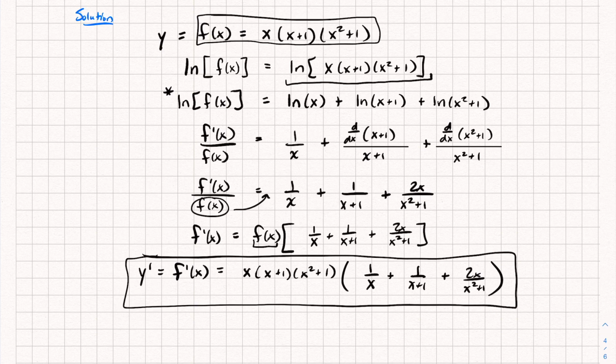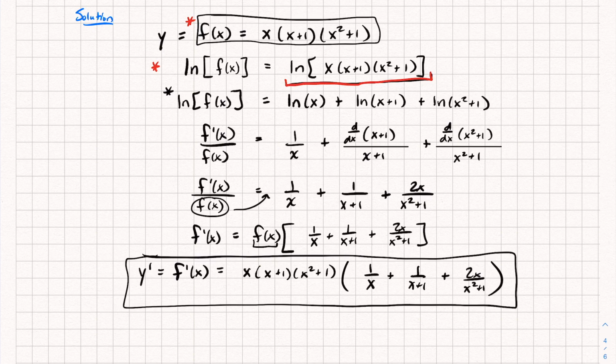This is logarithmic differentiation. So again, just to run through the steps, I start by rewriting it in terms of f of x. We take the ln of both sides and then expand according to the laws of logarithms.